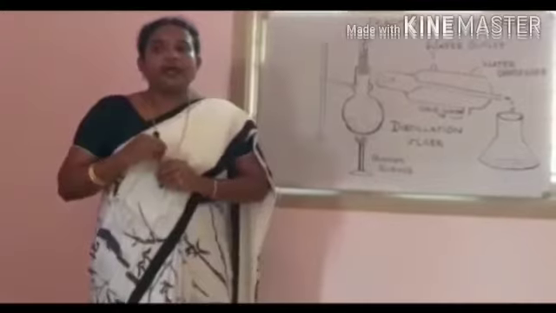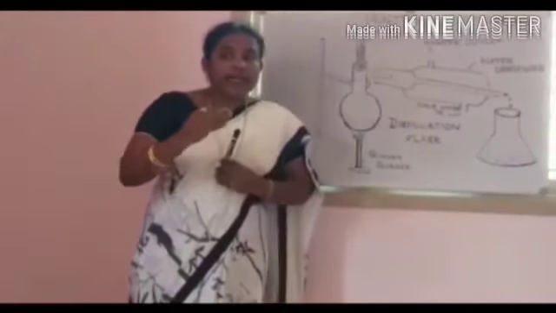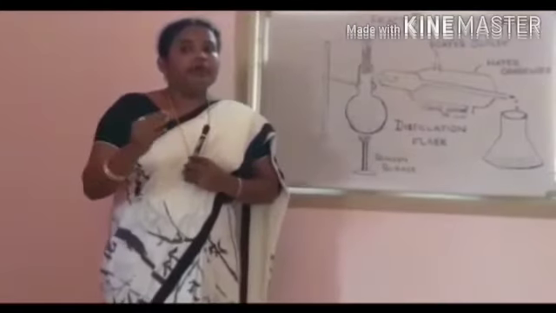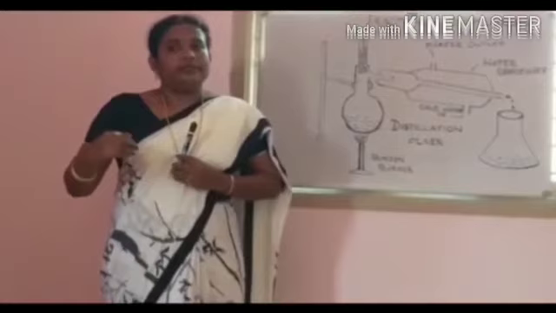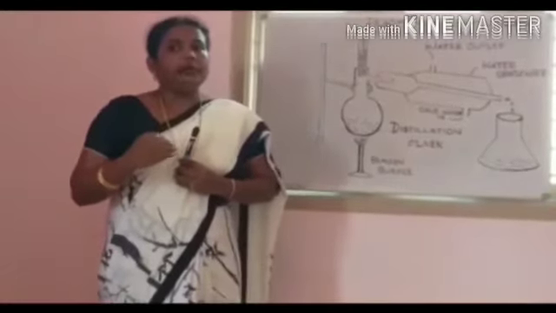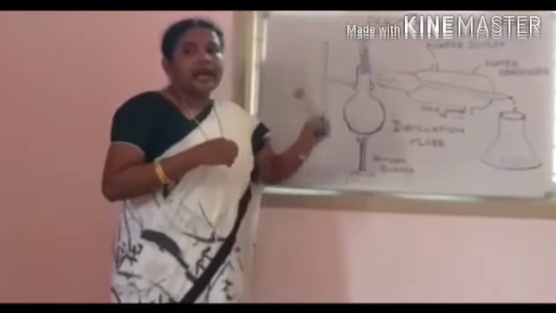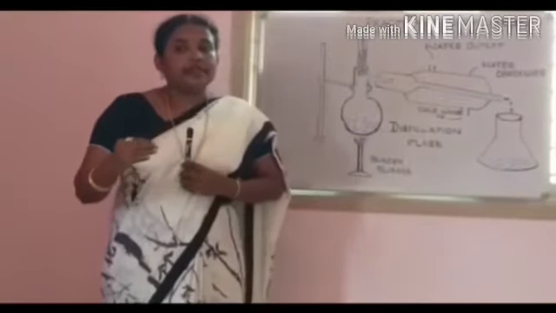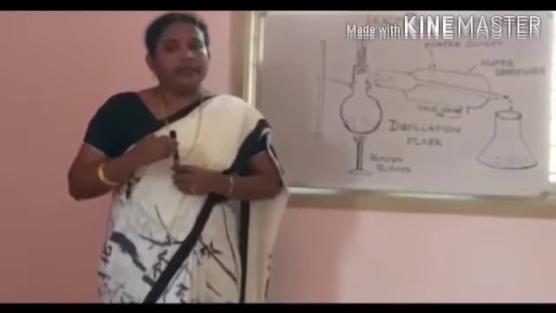This fractionating column is a long tube that provides obstructions to the passage of vapors upwards and to the passage of the liquid downwards. This fractionating column is packed with glass beads. These glass beads give surface for the vapor to cool and condense repeatedly.